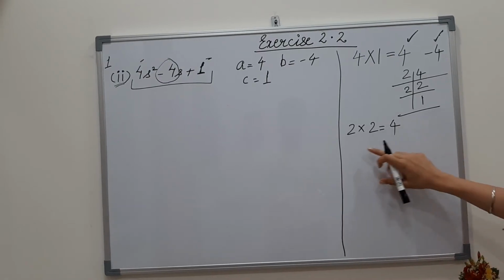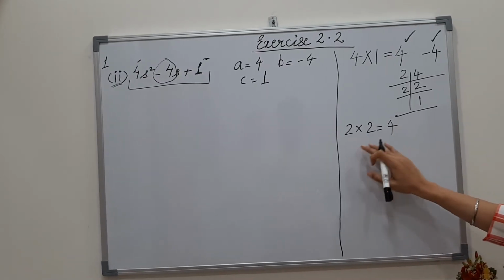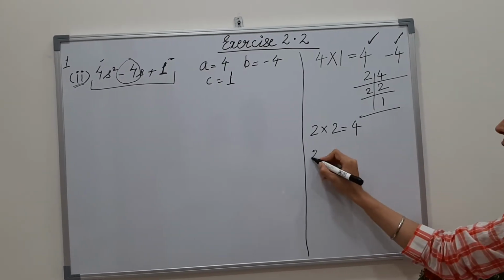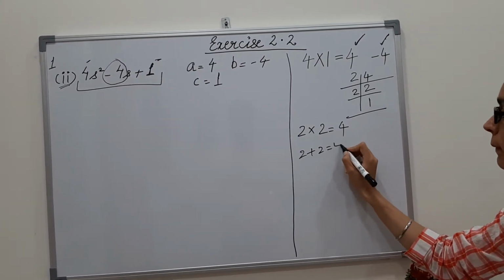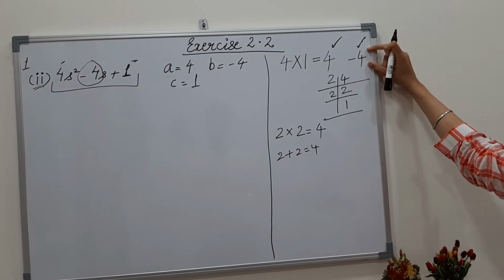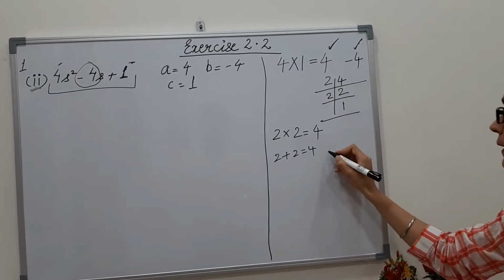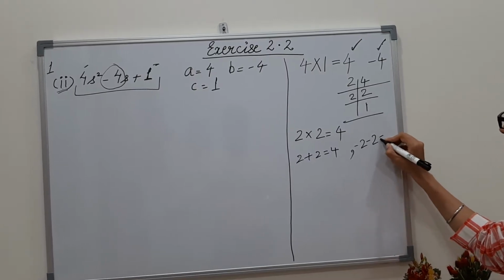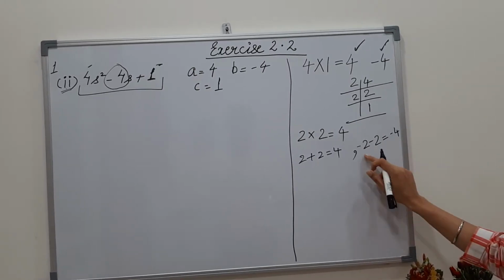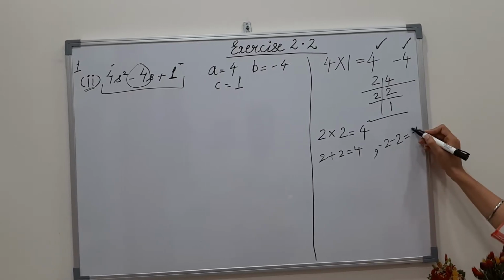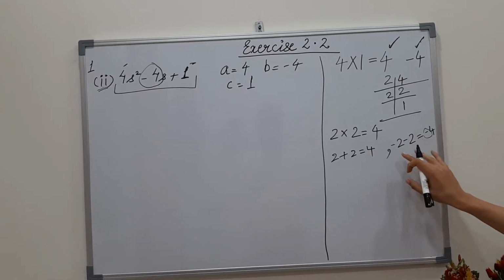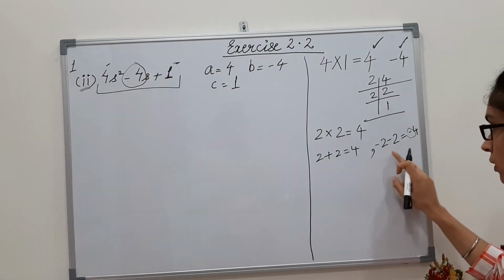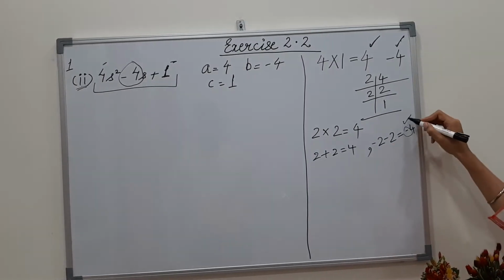But if I add 2 plus 2, I get positive 4, and I need minus 4. So I will try minus 2 minus 2, because minus and minus is addition with a sign of subtraction. If I use minus 2 and minus 2, I get minus 4.